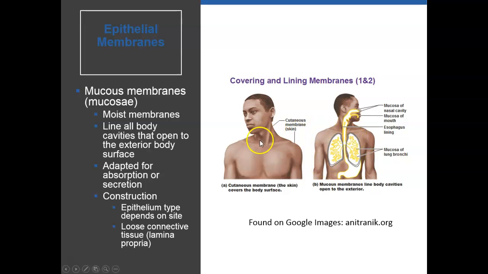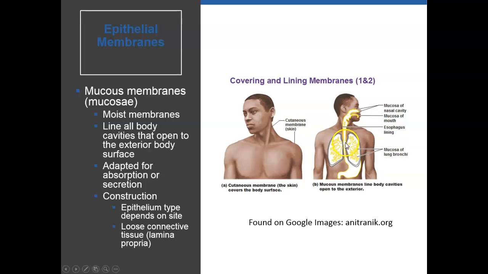The next is your mucous membrane. So here's skin, here's the mucous membrane. The mucous membranes are moist membranes lined with different types of epithelium. So your mouth and your pharynx are composed of stratified squamous, non-keratinized epithelium, so it's a moist membrane.